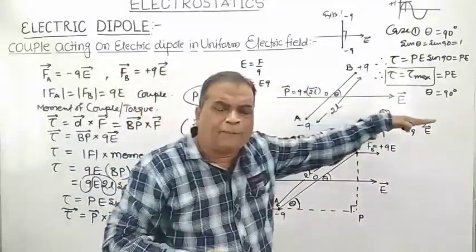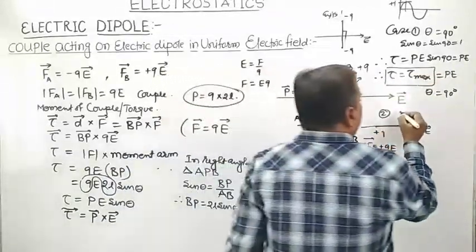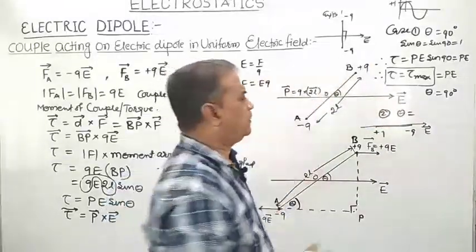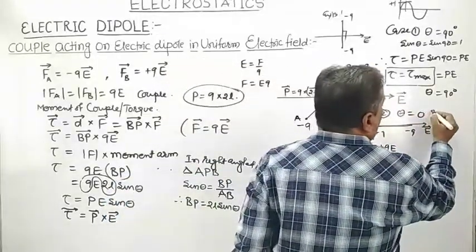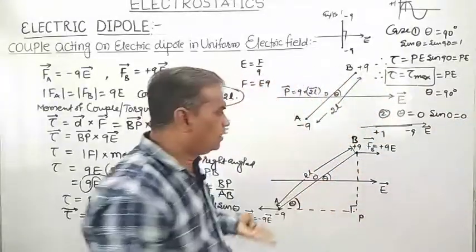Means the electric dipole is kept parallel to the direction of electric field. So the angle between the direction of E and the axis of the dipole, theta, equals 0, and sine 0 equals what? 0.